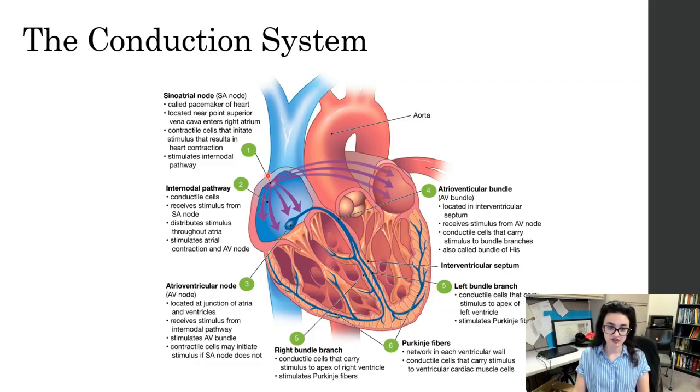Sinoatrial node is going to talk to the atrioventricular node that's between the right atrium and right ventricle. That's why it's called the AV node, atrioventricular node, right in between them. So SA talks to AV just to tell the signal to keep going.